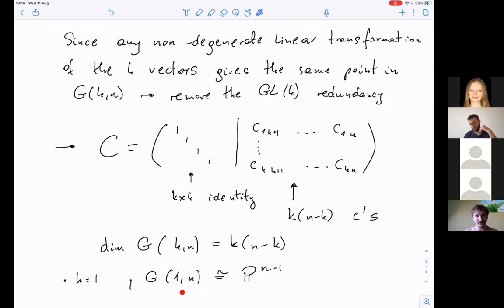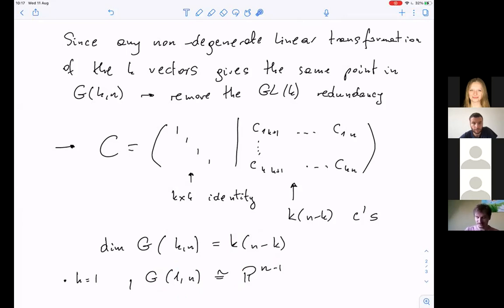So the Grassmannian for k equal to 1 just reduces to this object which we already know: all points in R to the n modulo non-zero rescalings. But when you go to k equal to 2 and higher, this object becomes quite high dimensional.